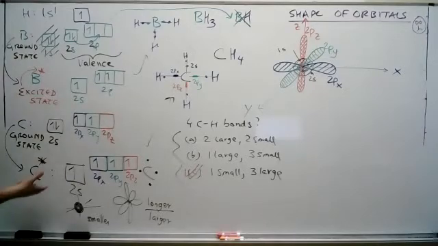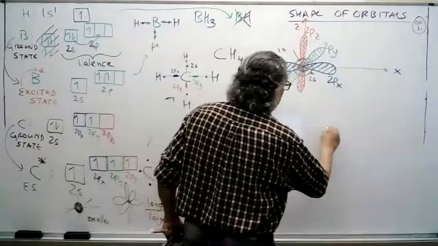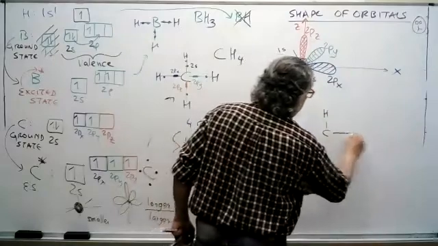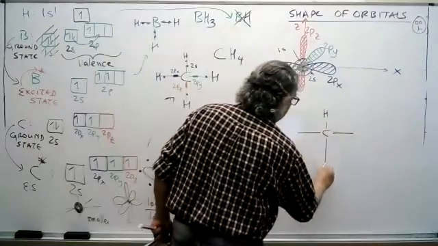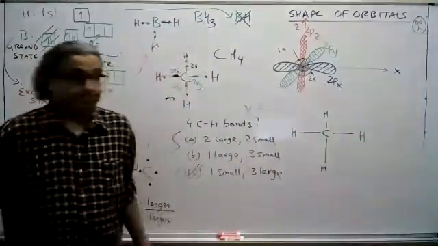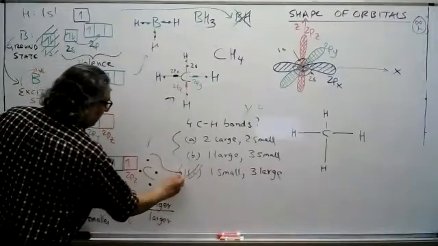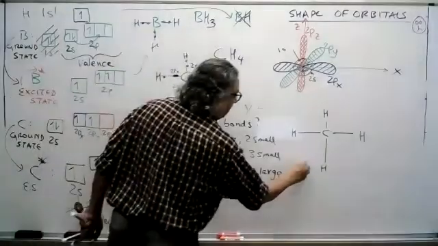It's simple, right? Tell me what you see. The 2s orbital is smaller, and then the 2p orbitals are longer and larger. There you go. So if this is correct, this is how methane should look. If this is correct, then this is correct.